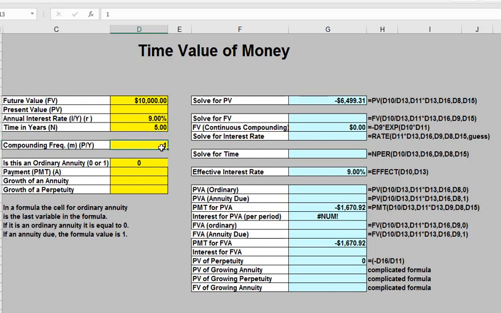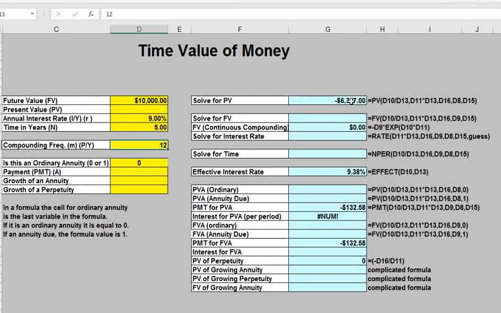And likewise, we can change the compounding frequency. If we compounded interest monthly, what we will find is that the value goes up slightly. That's because when we make this investment, the interest will grow monthly.